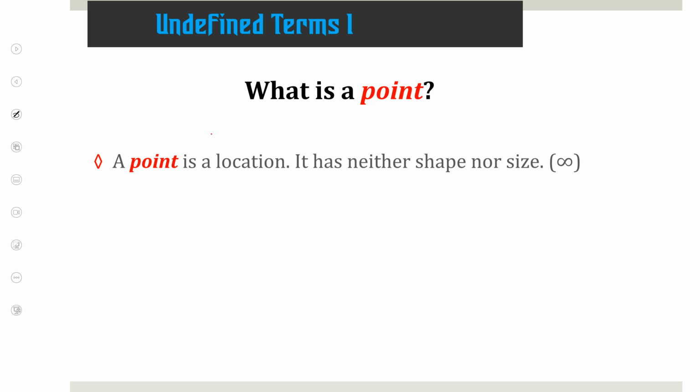But you don't know how big they are. They don't have any size. Hold on. It says no shape or size. So we're going with the same. Interesting. Okay.